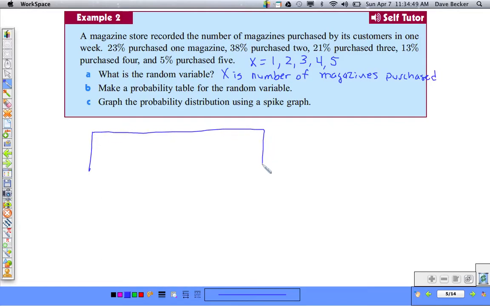That's no big deal. Little x represents all of the numbers: 1, 2, 3, 4, and 5.